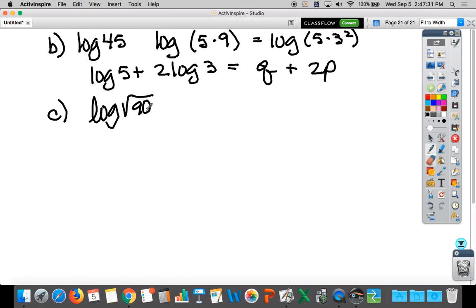Anybody get this one? Emma, how did you approach this? So that would be log square root of. You did the cube root of 10? I did 3 squared times 10.